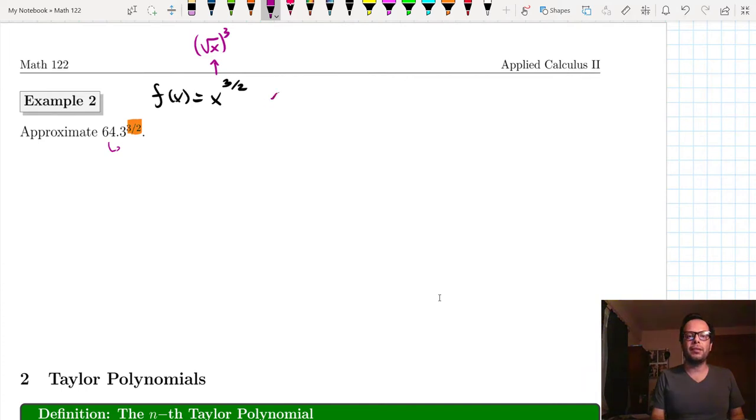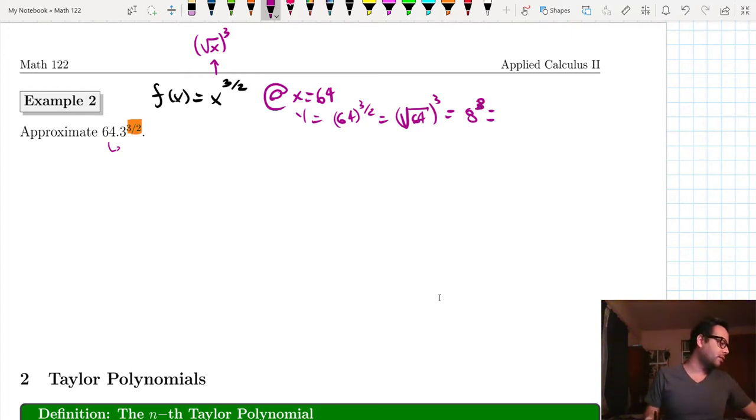So in this case, we would do the approximation at x equals 64. Of course, we would need the y value. How do we get the y value? By plugging in the 64 to the 3 halves. In other words, the square root of 64, cubed. The square root of 64 is 8, and cubed, we get this big number, which is 512.